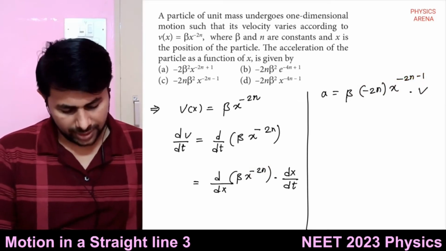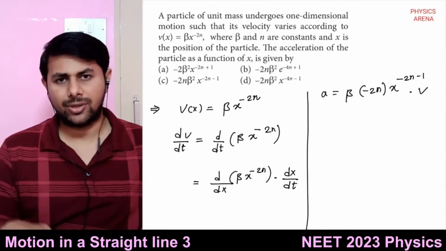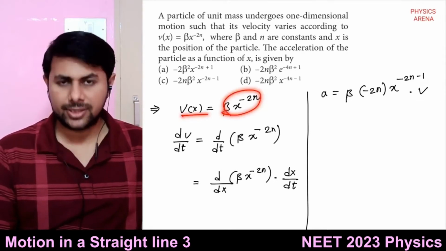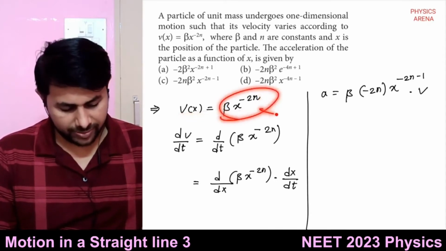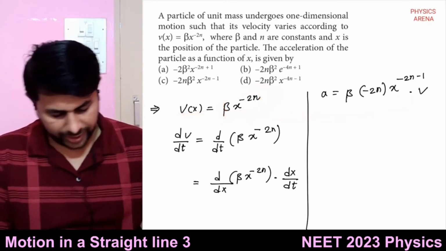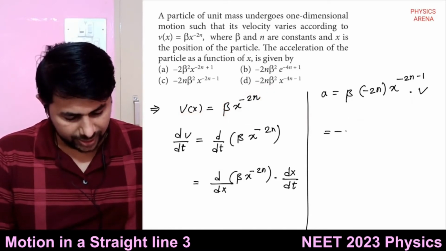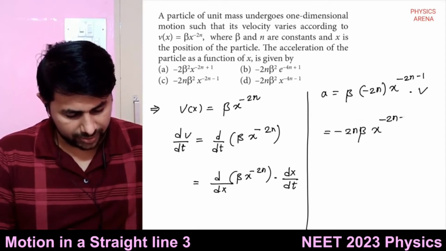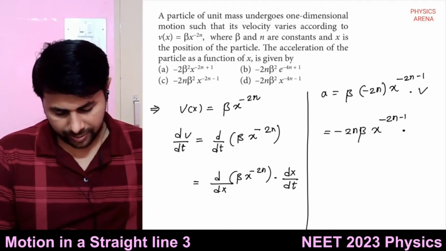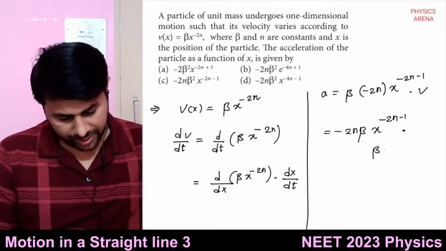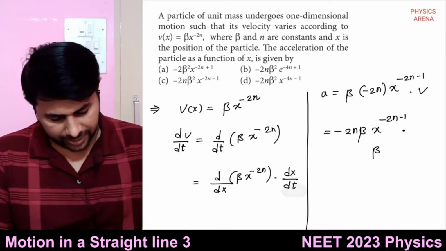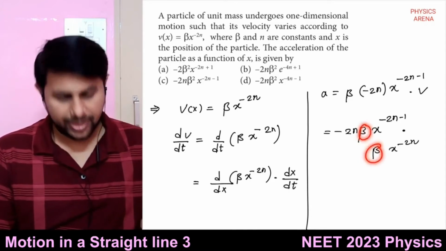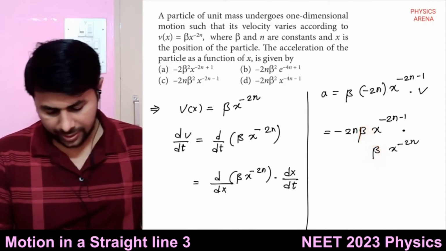And then we want it in terms of position only. We know the velocity in terms of position is this, so let's substitute that back here. We get minus 2n beta x raised to minus 2n minus 1 multiplied by velocity, which is beta multiplied by x raised to minus 2n. So beta times beta gives beta square.